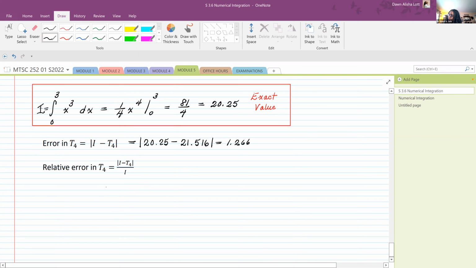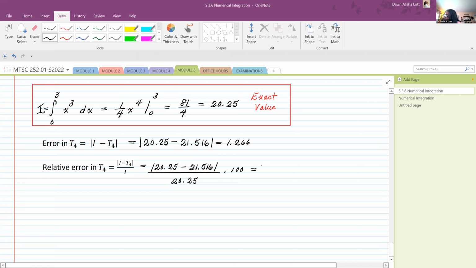And so then the relative error is to take that 20.25 minus 21.516, divide that by the true value, 20.25, and then multiply it by 100.